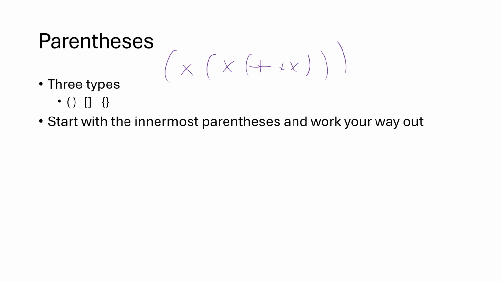Instead they go like this: x plus y, with each different parenthesis signifying that you need to work on this one first, then this one, then this one. They will never really use all of the same parentheses because it's very confusing.